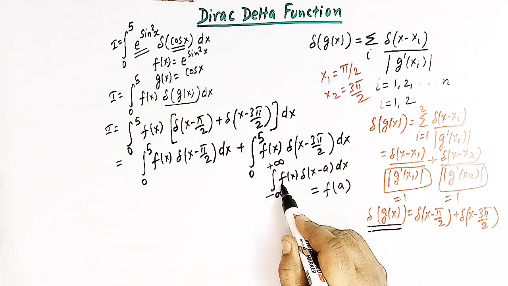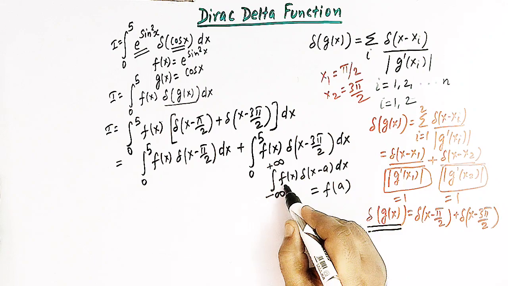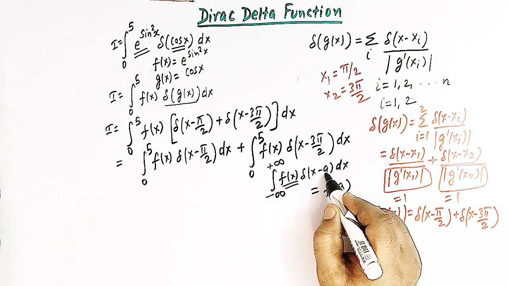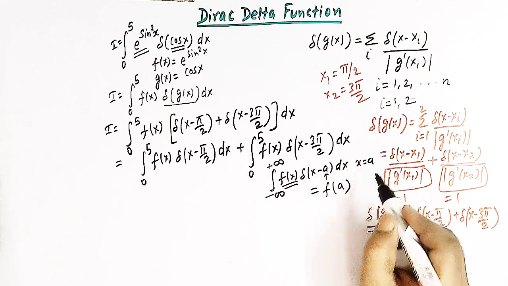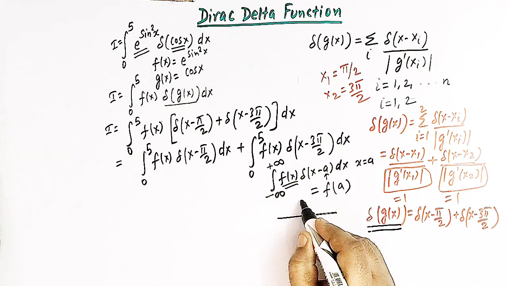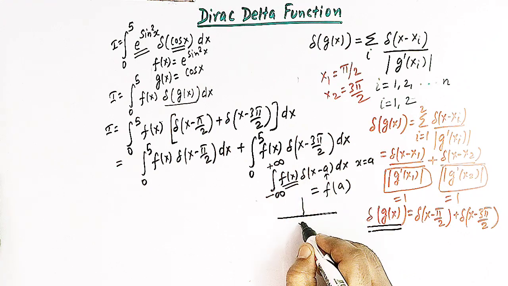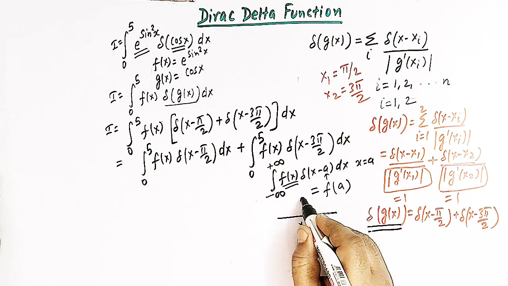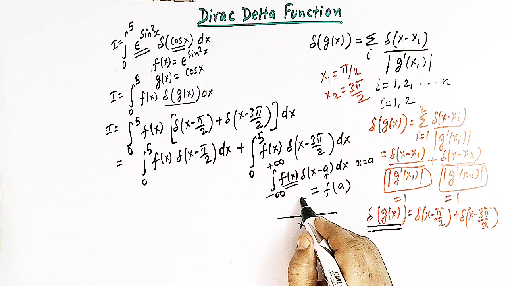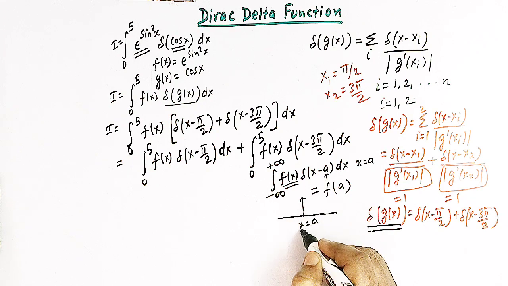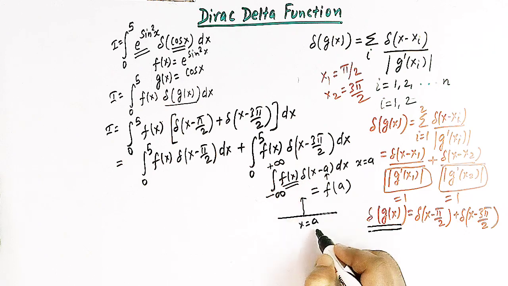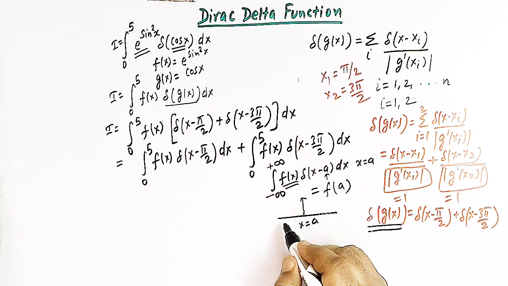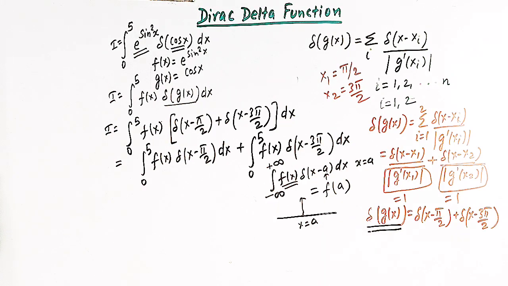So the value of this integral is equal to the value of the function f of x at the point x equals a, because we know that the delta function is 0 everywhere except at x equals a. So we have the spike or the peak at this point only. The delta function is infinite at x equals a, and it is 0 elsewhere.